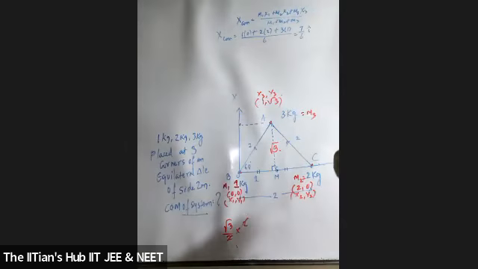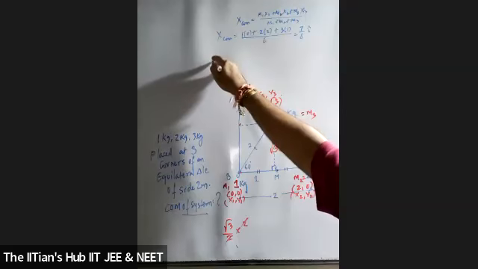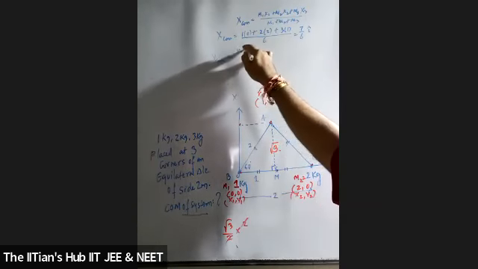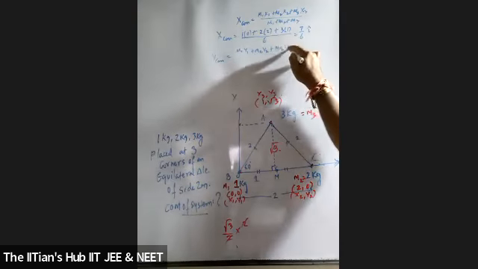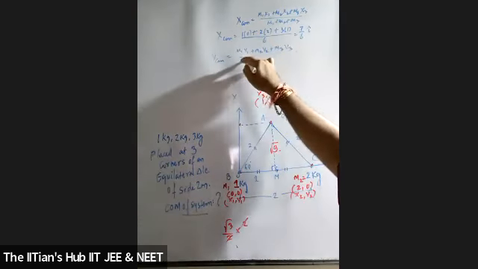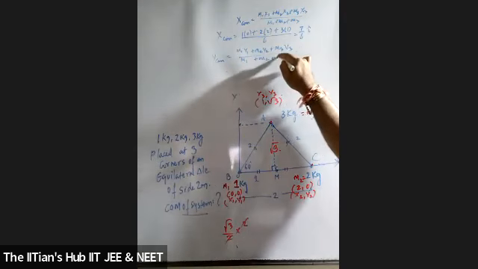Yes, sir. That is 7 by 6 i cap, if I write it in unit vector form. Agreed. If I go for YCOM, it will be M1 Y1 plus M2 Y2 plus M3 Y3 upon M1 plus M2 plus M3, students.